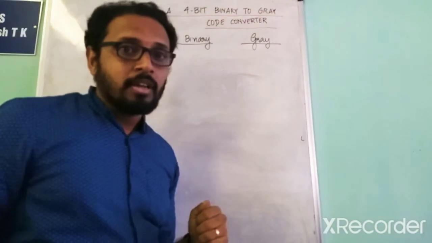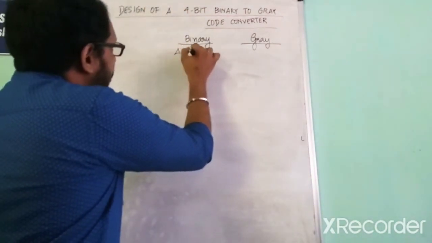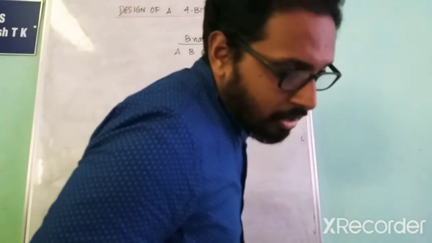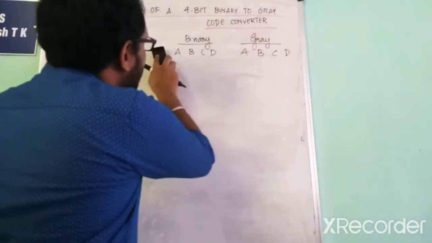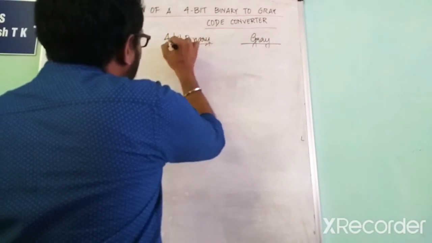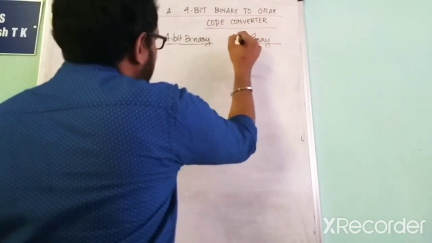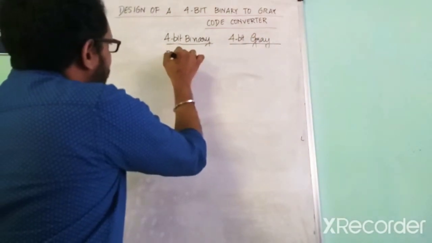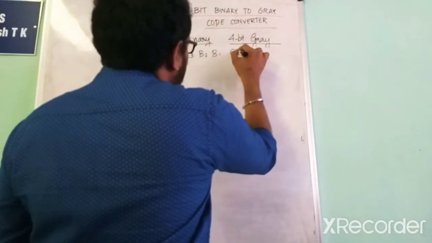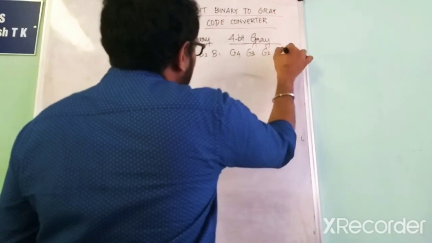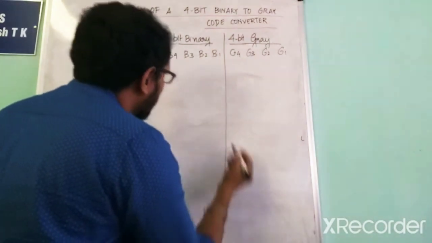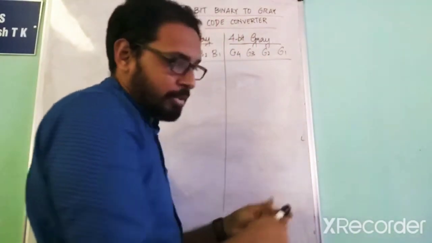We have 4-bit binary, B4, B3, B2 and B1, and 4-bit gray, G4, G3, G2 and G1. Now, what is the next step to perform?